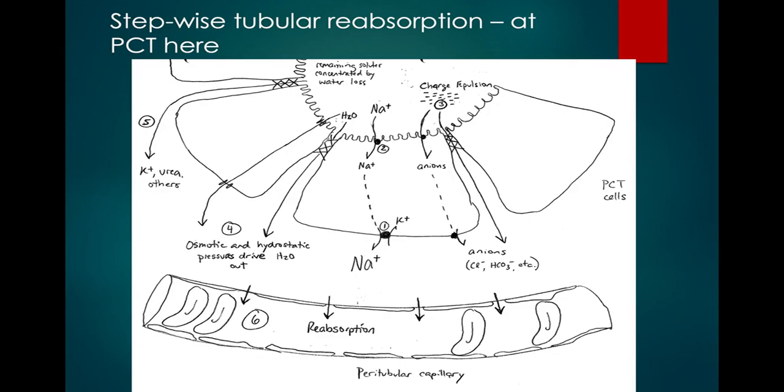And so here we're starting up at the top. We're going to start with the PCT. Now, what I'm about to say about the PCT is covered in another video about the basics of reabsorption and secretion, which I will post. But the other thing is that even though the PCT does all of these things, other nephron segments do several of them, or at least some of these steps of nephron transport also occur in other regions.